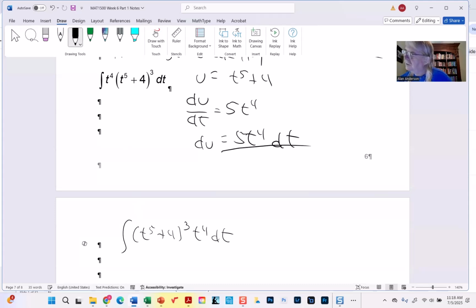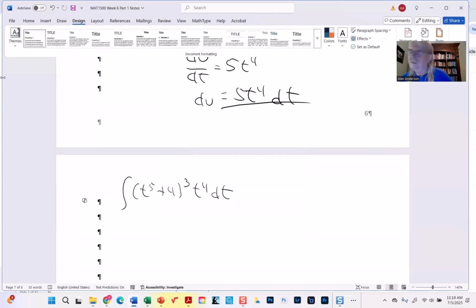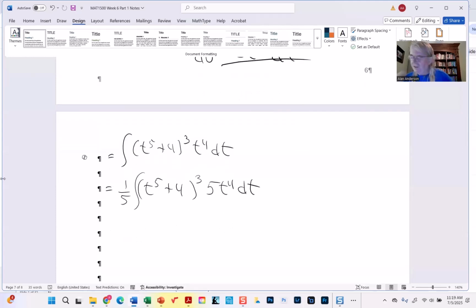I'm going to need to multiply and divide by 5 to get the du that I'm looking for. All right, and now we're in business because what we actually have here is 1 over 5 integral of u cubed du.